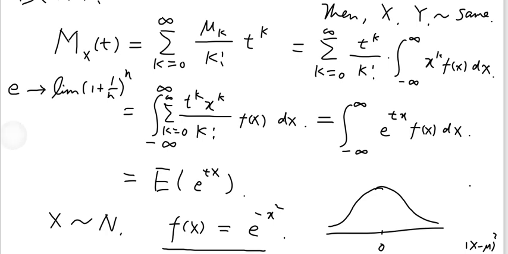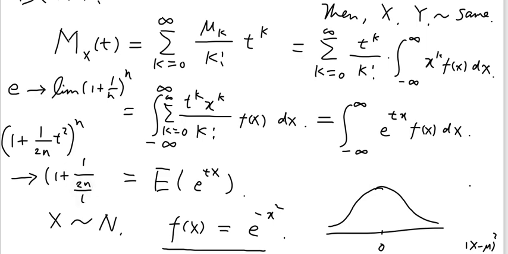So here 1 plus 1 over 2n t squared, to the n's power. We regard this as 1 over n, so we put t squared as 2n over t squared.